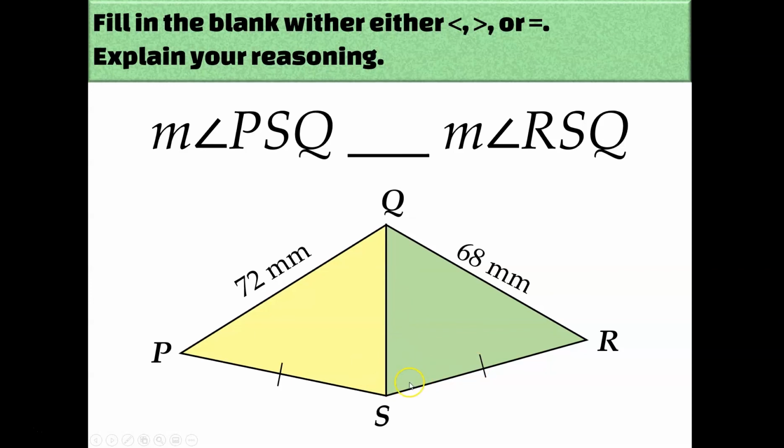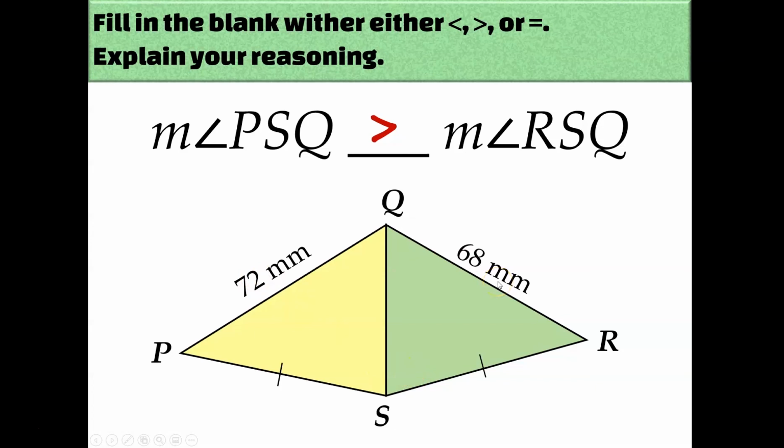What's the relationship between these two angles? Well, the side across from angle PSQ is 72, whereas the side across from RSQ is only 68.